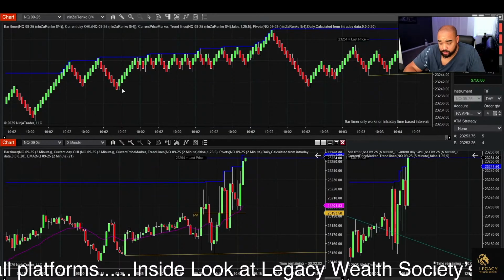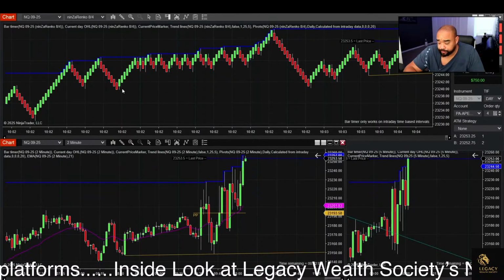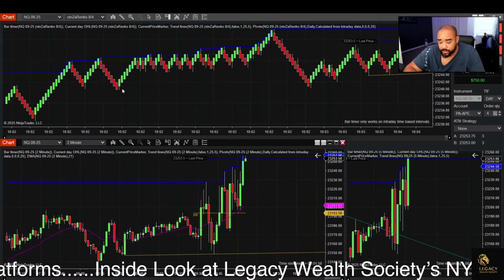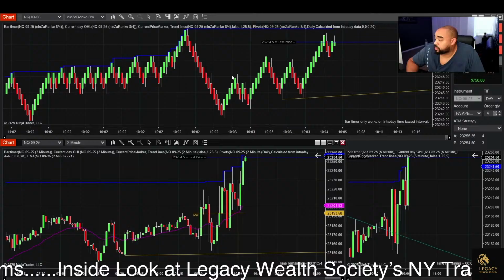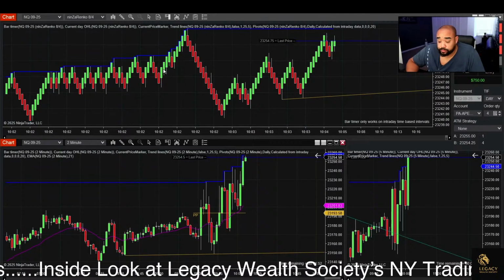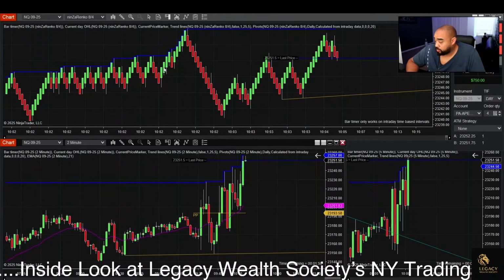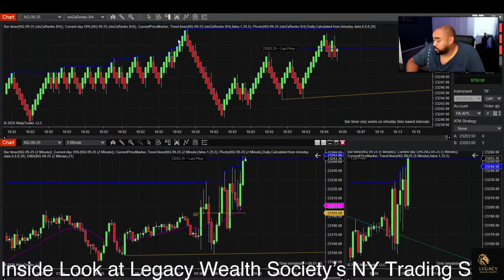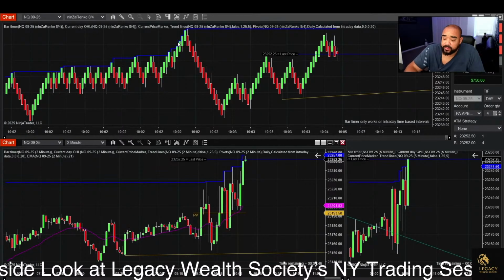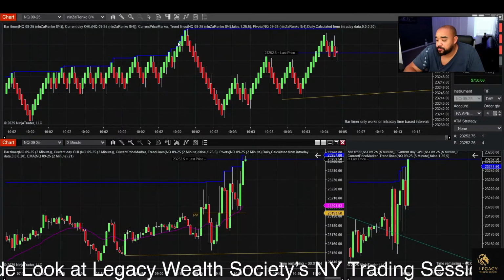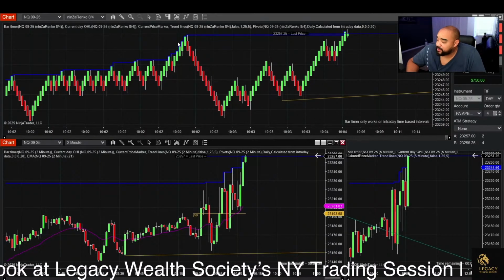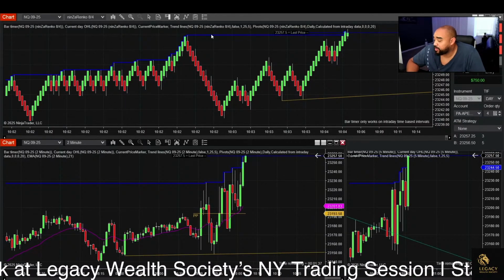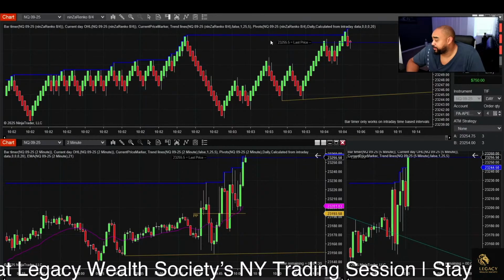Close to 40 points. Yep. First target would be right at the 268 level. We get there, then we'll most likely go up to that pivot point.